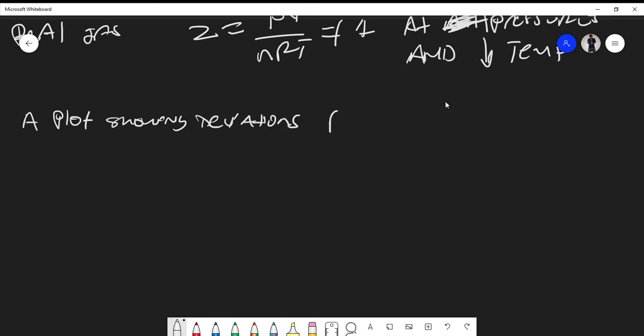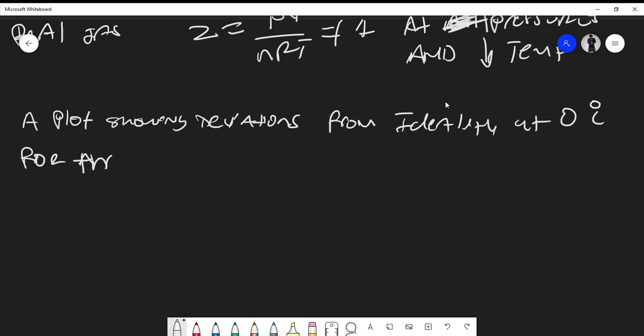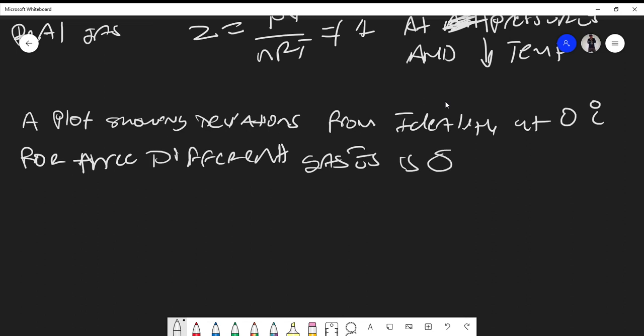We're going to talk about a plot showing deviations from ideality at about 0 degrees for three different gases. We're going to show it below.